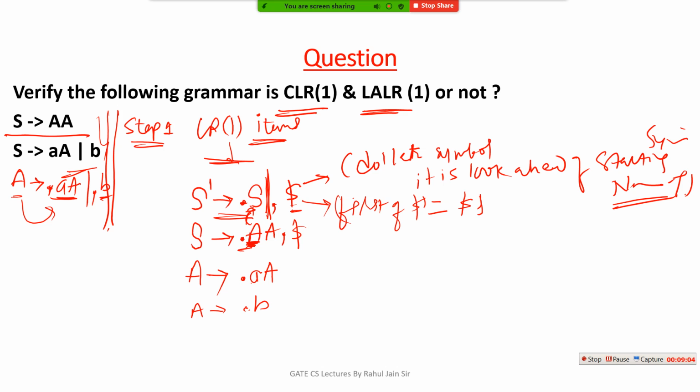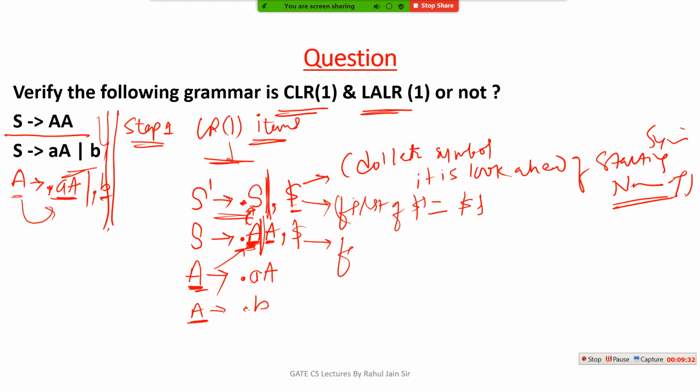Now what is the look ahead of A? The look ahead of A will be determined from its previous step. From the previous step I need to find the look ahead of it. If you observe here, after this A, what am I left with? I am left with A comma dollar.